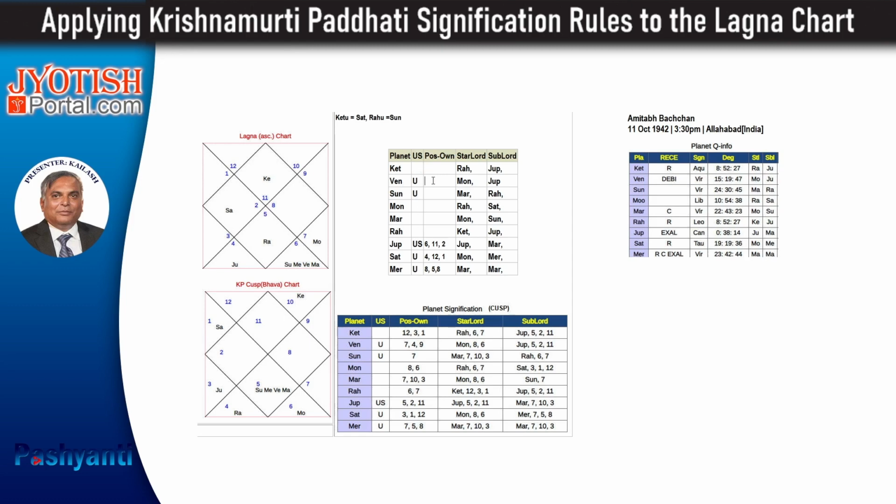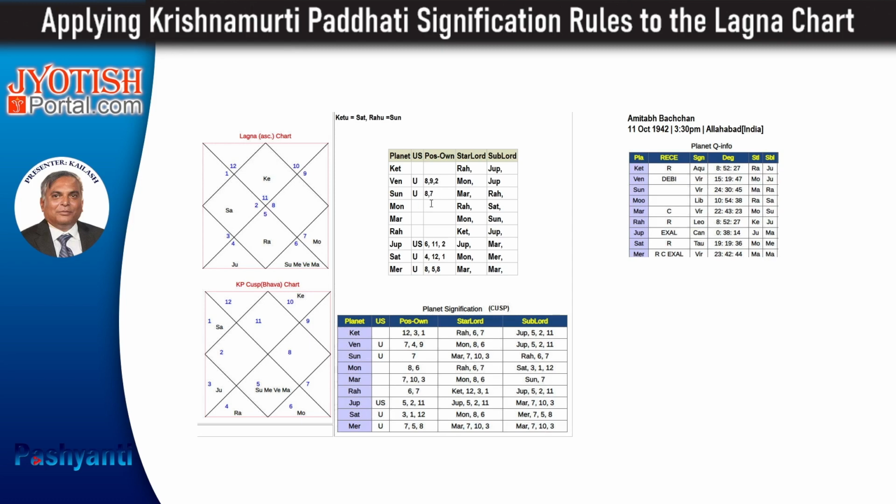So Venus in the Lagna chart is in the 8th house, and it is the owner of the 9th and the 2nd. So we write 8, 9 and 2. Sun is in 8th and owner of 7th, so 8 and 7.